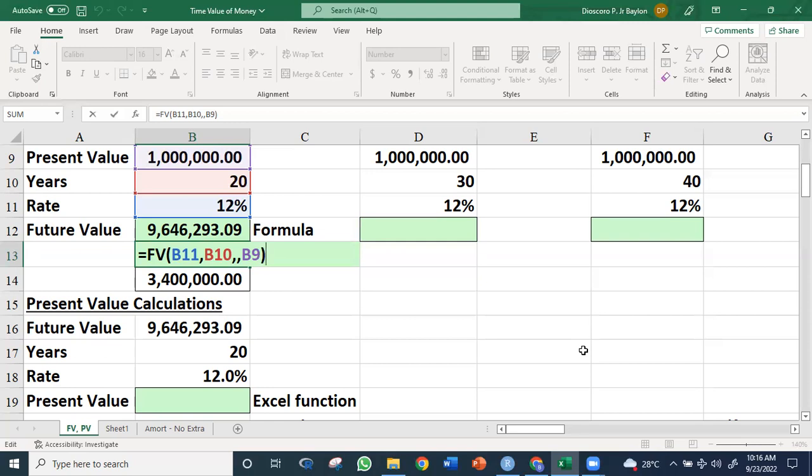Now let me explain why this is negative. How will Excel treat this? This is our formula, right? Our rate is 12%. Our NPER is 20 years. And our PV is 1 million positive. When Excel reads this, it reads the positive as an inflow, money coming in, so it will be treated like a loan.